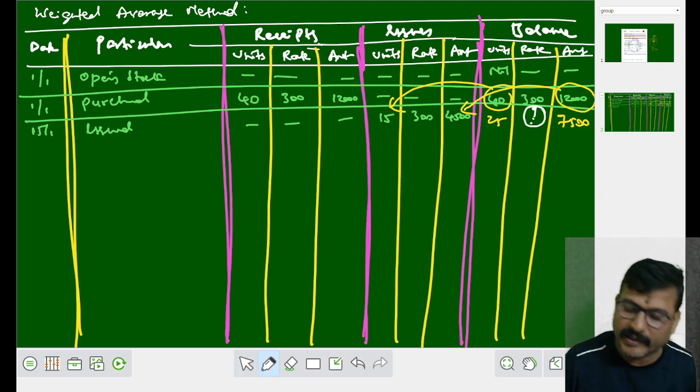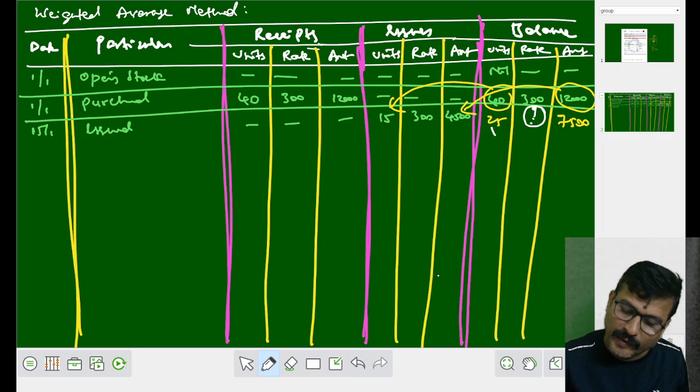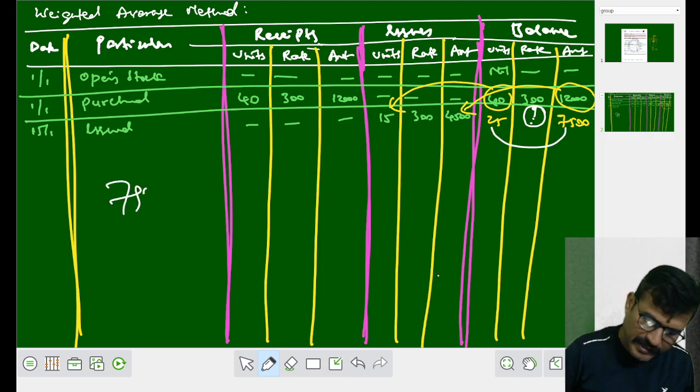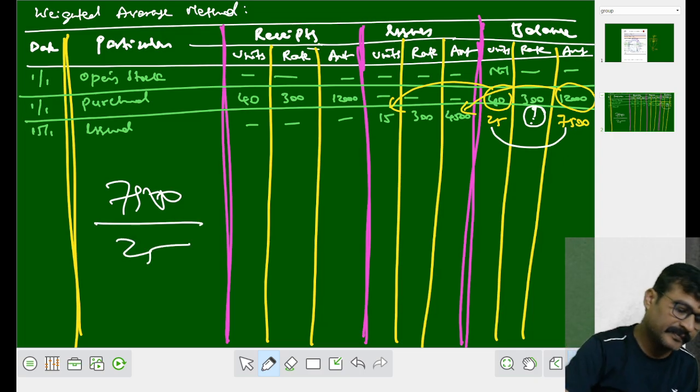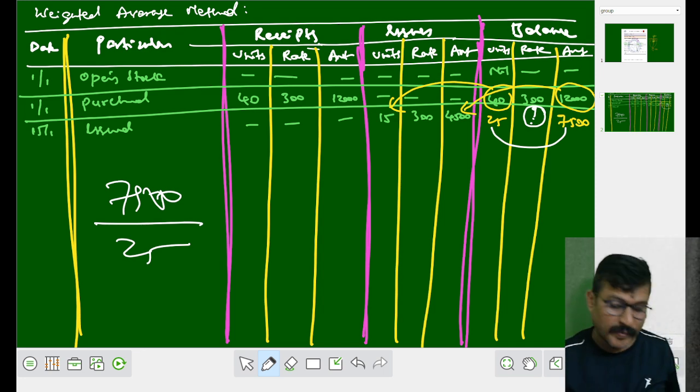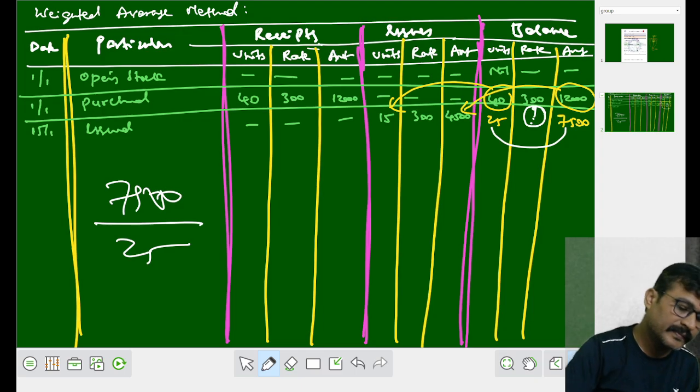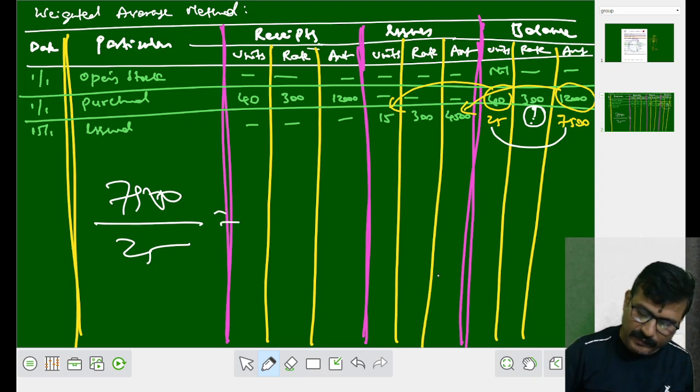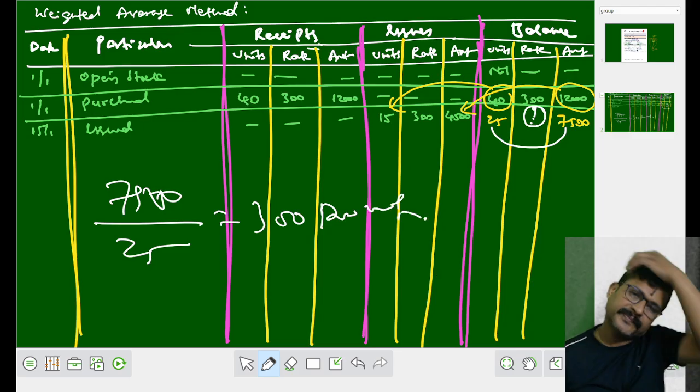This is a question mark. I show you how to work out the rate. Take 7,500 divided by 25 units. It gives 300 per unit.